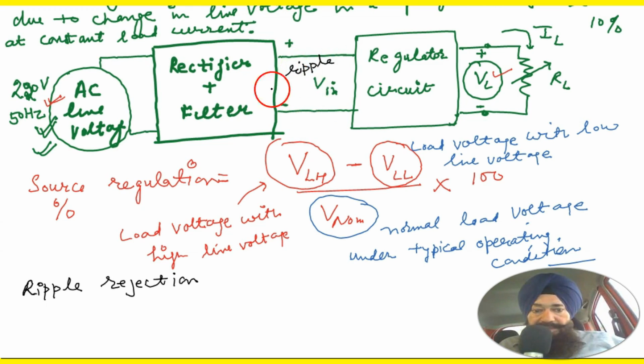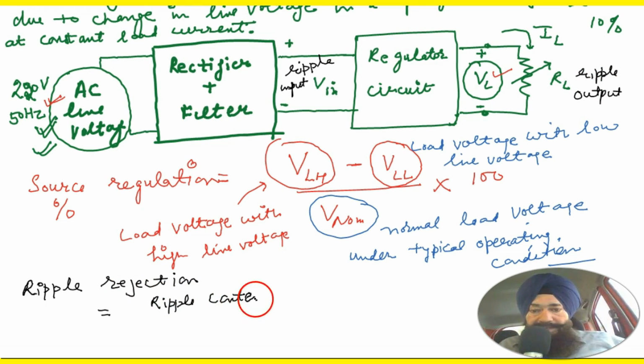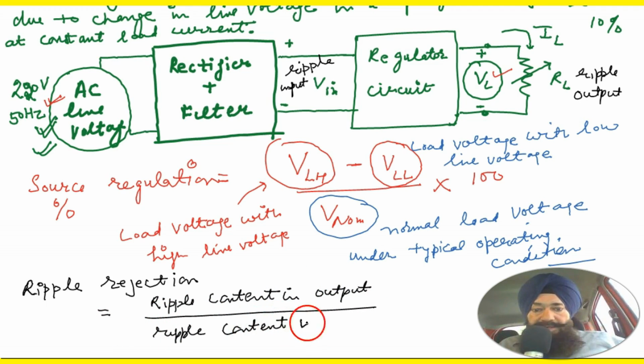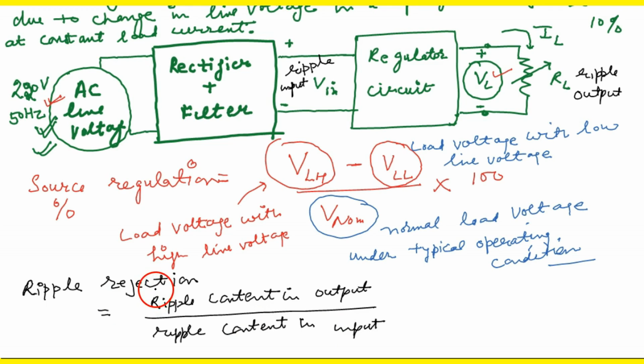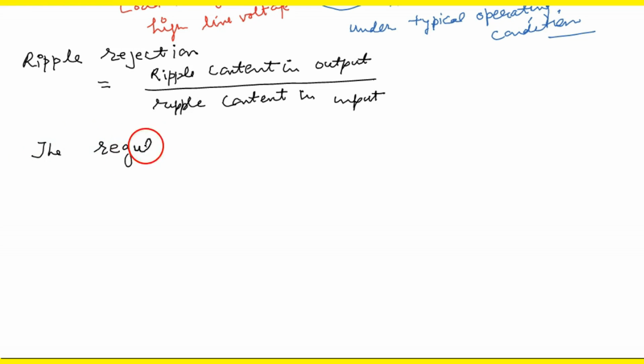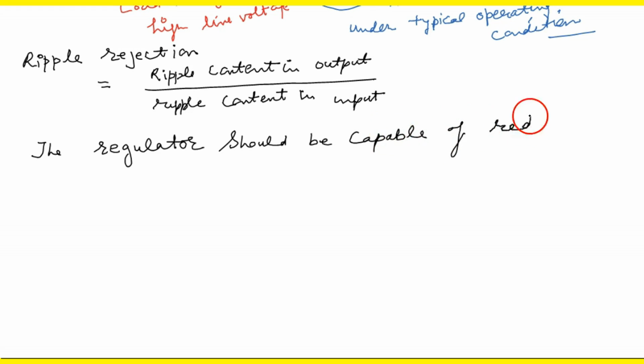Now there is another parameter, ripple rejection. There may be some ripples in the input side, and we expect less ripple at the output side. So ripple rejection means the ripple content in the output to the ripple content in the input.